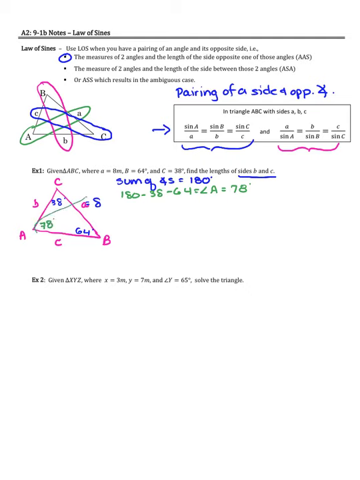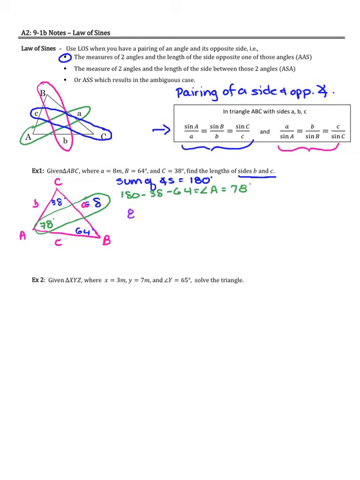Now I have a pairing of a side and an opposite angle. So I'm going to set up my law of sines. So since I'm looking for a side, I'm going to use the second version where the sine is on the bottom.